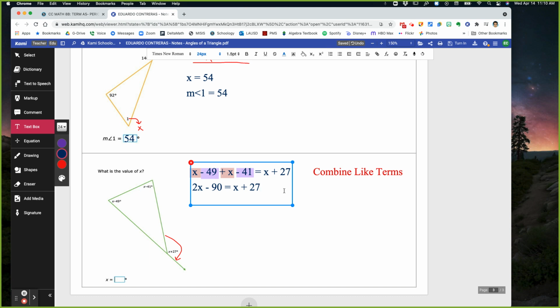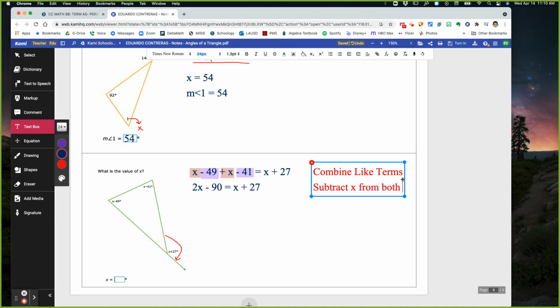I got 2x minus 90 equals x plus 27. Now I have variables on both sides. I only want variables on one side and preferably on the left. So I'm going to subtract x from both sides to get rid of the x on the right-hand side.